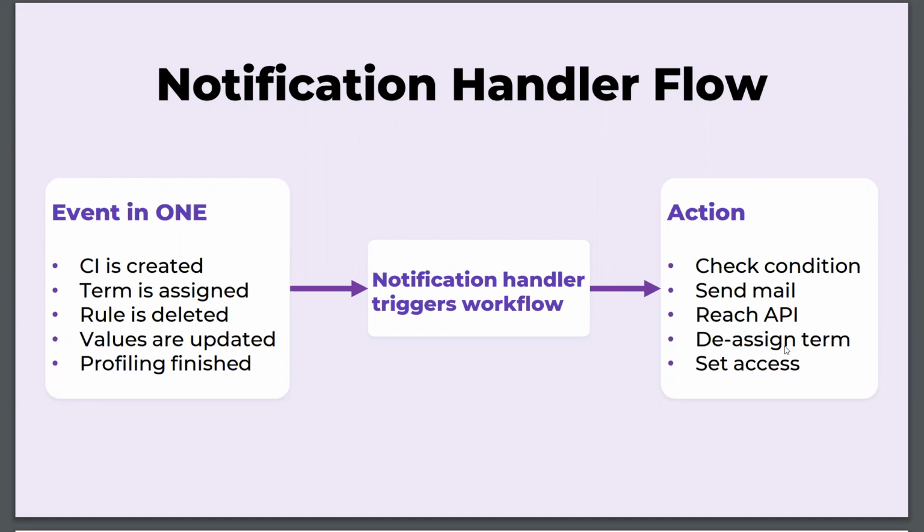It can do some active reaction like sending an email or reaching an API. It can communicate back to One, to the MMM, and assign a term or set some access there. We see that we have a lot of options. All the power of our desktop is available for creating our custom actions. We may want to log it somewhere and so on.